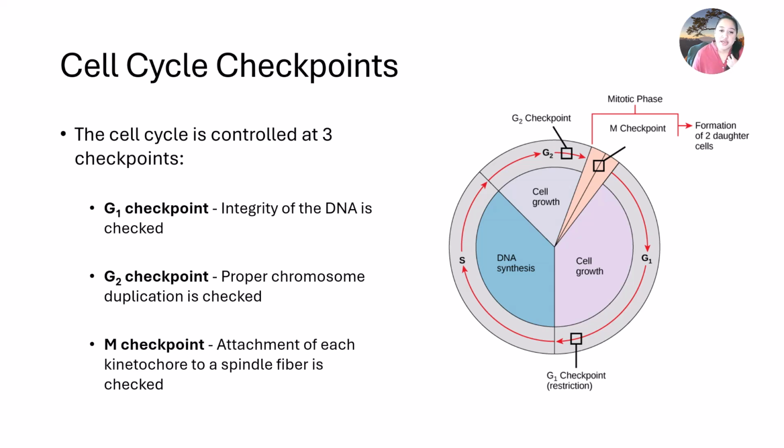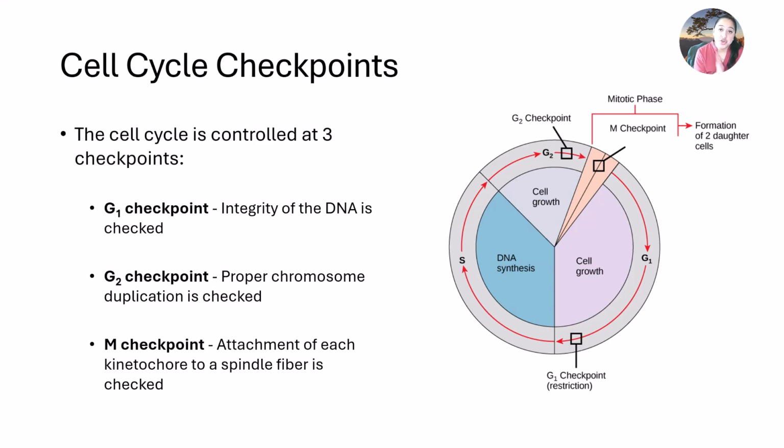And then after that, it goes through the G2 phase, some more cell growth, and that's another checkpoint. At the G2 checkpoint, it stops and is like, okay, hold on. Let's make sure that we copied everything correctly now. We made sure that the original was fine; let's double check that in the copy that we made, no mistakes happened. You don't want a game of telephone where it gets super messed up, because then that is just going to keep moving forward.